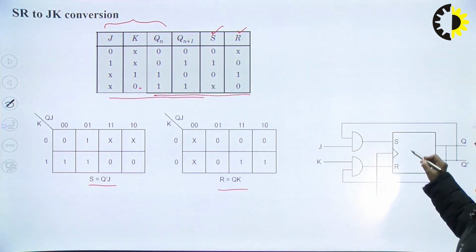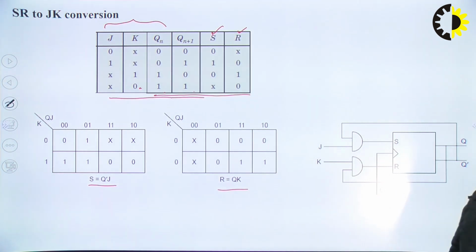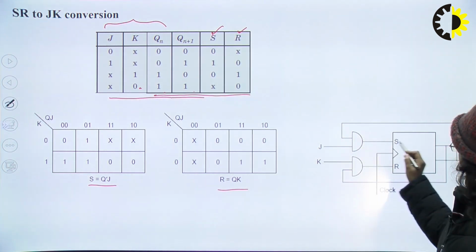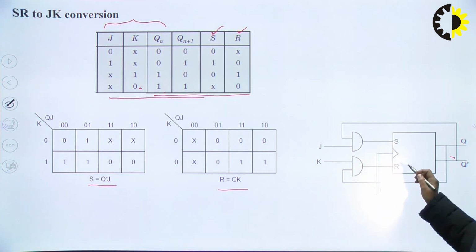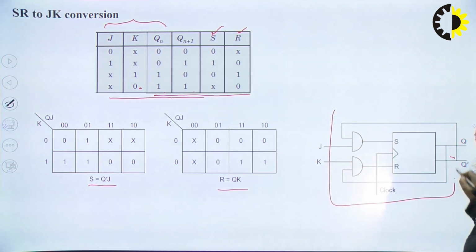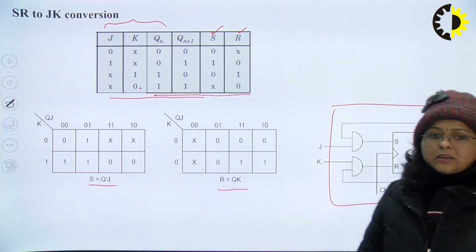Draw the given flip-flop, that is SR, connect S equal to Q bar J and R equal to QK, and this is the combined circuit of JK flip-flop.